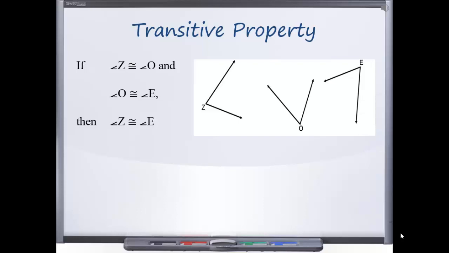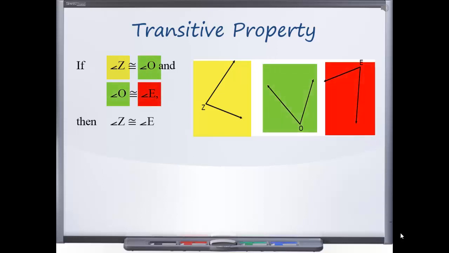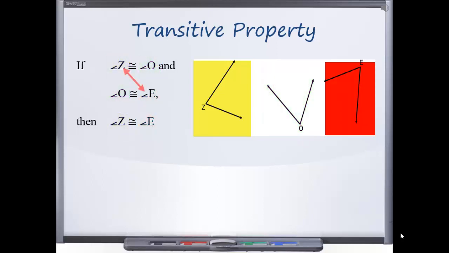So the transitive property states, in an example here, if angle Z is congruent to angle O, and if angle O is congruent to angle E, then we can conclude that angle Z is congruent to angle E. The transitive property kind of implies it's going across.